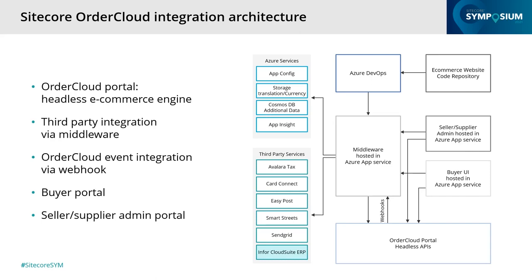Sitecore OrderCloud provides webhooks for many pre- and post-events in the OrderCloud portal. For example, we can attach an API endpoint using the post-event of the Order Submit API. This API endpoint will be called after the order is placed in OrderCloud.